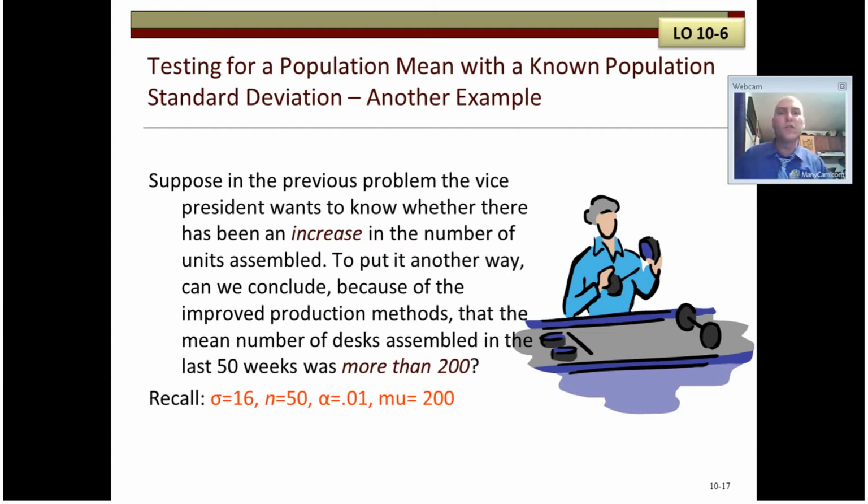Let's ask the question that way. In other words, can we conclude, because of the improved production methods, that the mean number of desks assembled in the last 50 weeks is more than 200? Well, that's certainly a directional hypothesis because we're talking about more than.